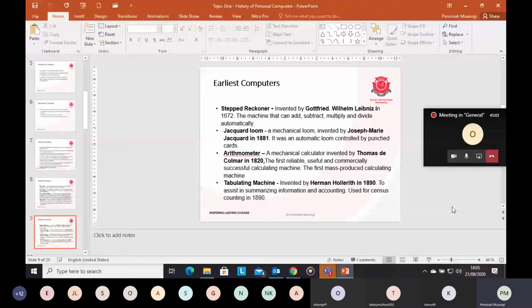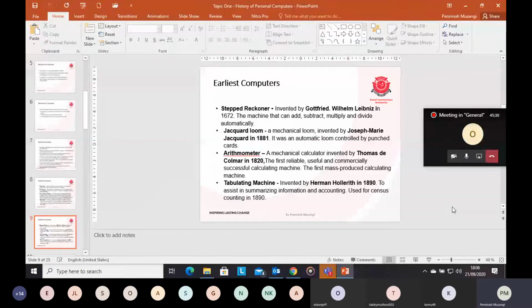Then we had the tabulating machine, which was invented by Hermann in the year 1890. This was a machine which assisted in summarizing information and accounting. It was used to help the census count in the US in 1890.